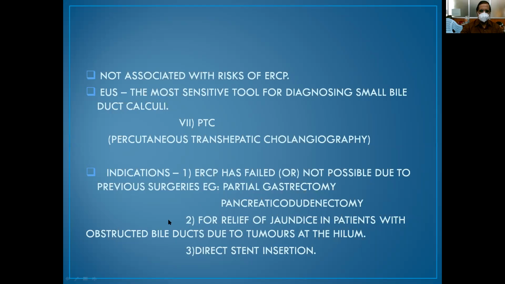When the bile duct is completely obstructed, the patient has obstructive jaundice, and it is not possible to enter the CBD through the ampulla of Vater, for example because of tumors in the hilum of the liver, PTC is very useful, because you can introduce a needle percutaneously and at the same time introduce a stent, so that you can decompress the obstruction. So the patient gets relief of the jaundice.